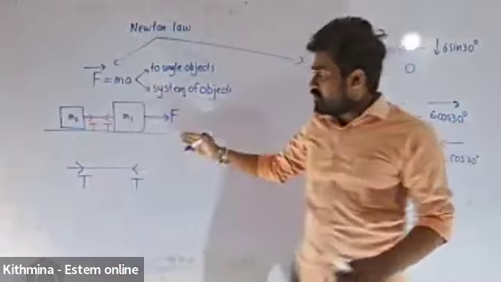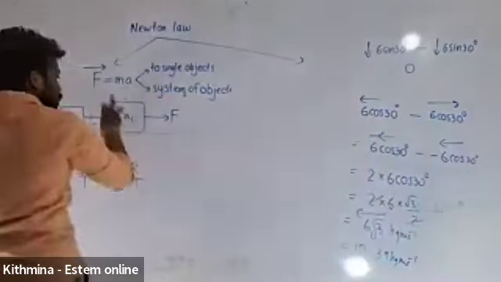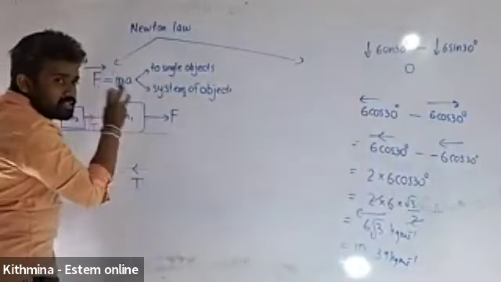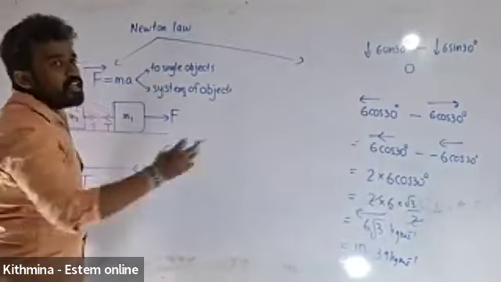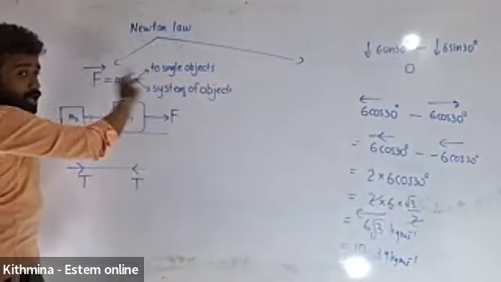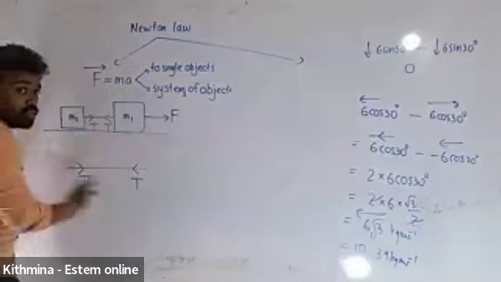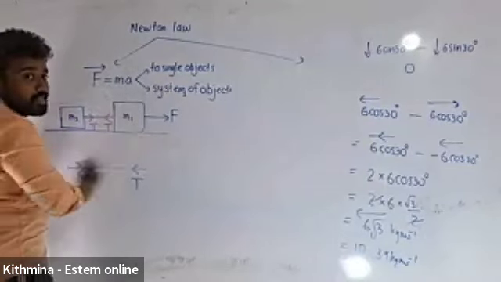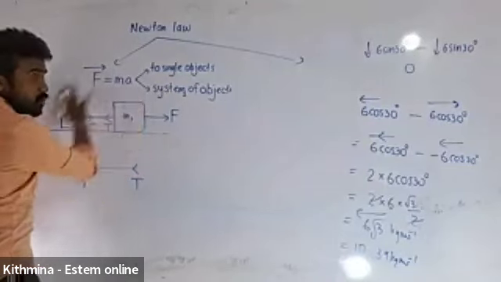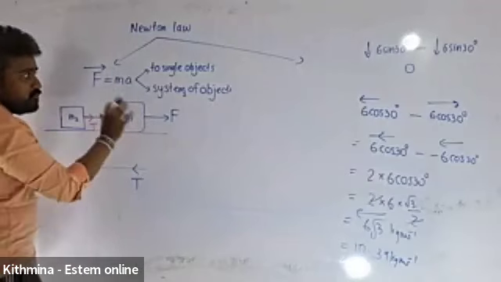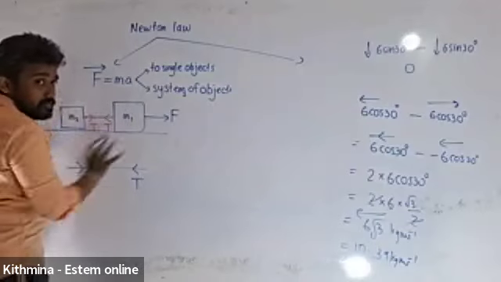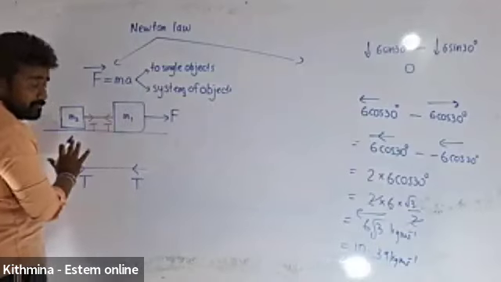We can apply F equals ma to this single object M1, this single object M2. Also, we can apply F equals ma to both M1 and M2 as a system of objects, the total system.